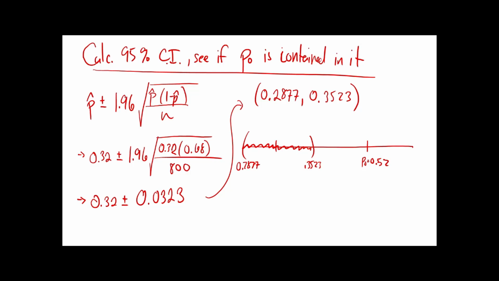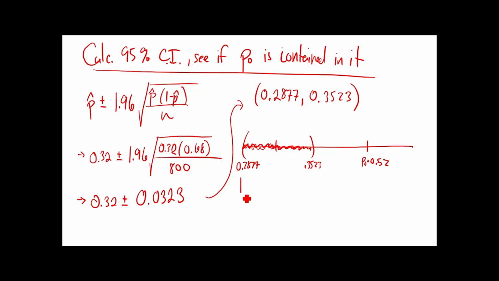Does 52% seem like it could reasonably be true based on our confidence interval? Not really, because our confidence interval doesn't contain that. It's not anywhere close to that. So based on our sample, we think the truth is somewhere down here between like 28 and 35%. The claim was that the truth is still 52%, which just seems totally unreasonable.